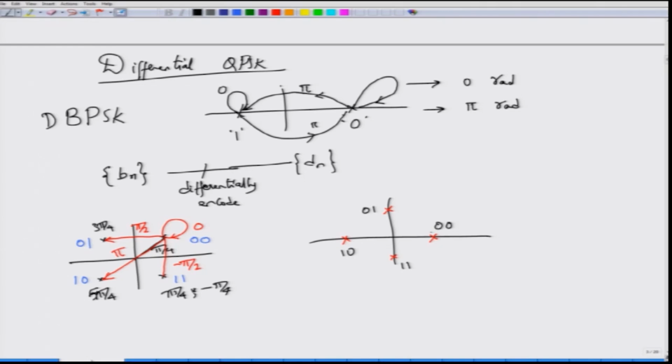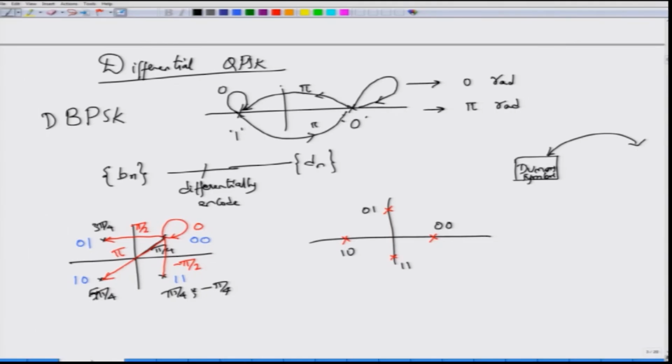One thing for differential BPSK or for differential QPSK formats is that you need to have an initial dummy symbol. This does not really matter because you are only looking at phase difference, but this dummy symbol should be known to both the transmitter as well as the receiver. So, for the BPSK case, let us say the dummy symbol is 0.